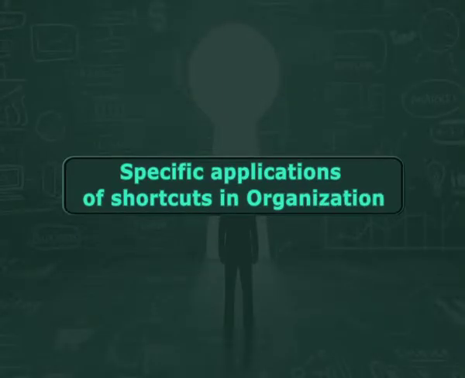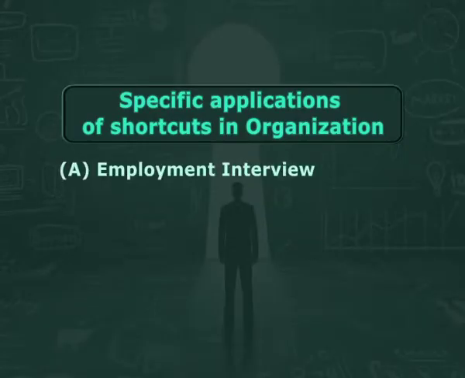Specific applications of shortcuts in organizations. In organizations, people judge each other. We evaluate the behavior, the ways of work being carried out by different people in the organization, the appreciation given by the boss, etc. All these affect our work and the work environment created by us. Employment interview.